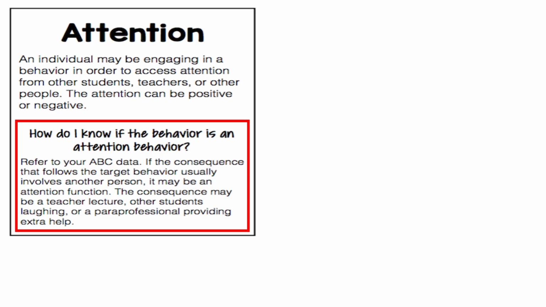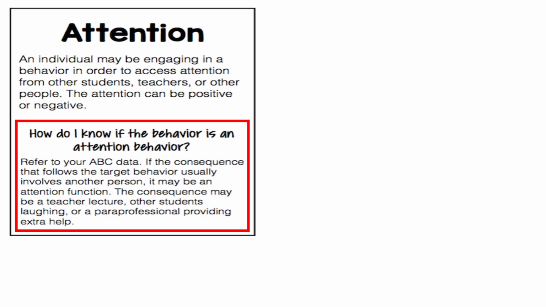Okay, just a couple of things about each of the functions. If the function is some type of attention, so the kid is engaging in the behavior to gain access to attention, then typically what we see, and this slide only talks about the consequences, but I also wanted to bring in information about the antecedents because those are important as well. If the consequence involves another person, then that's typically an indication that the function is attention.